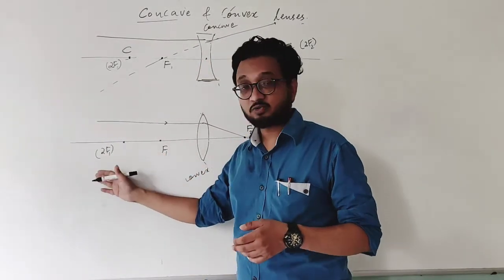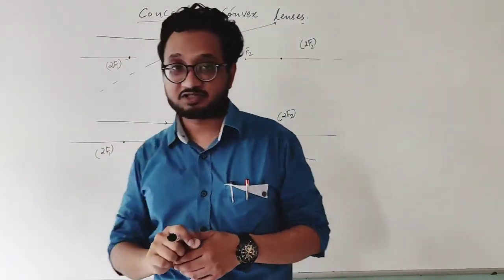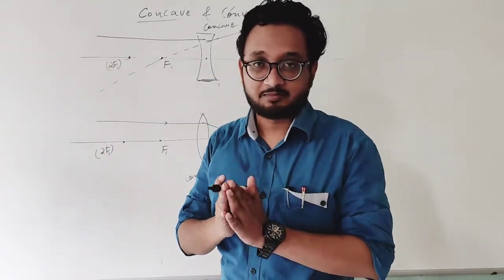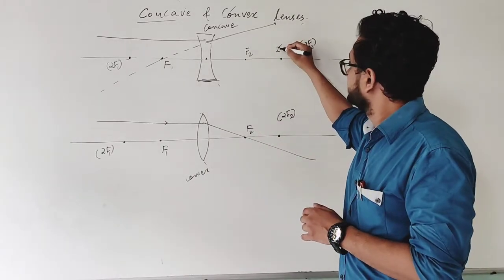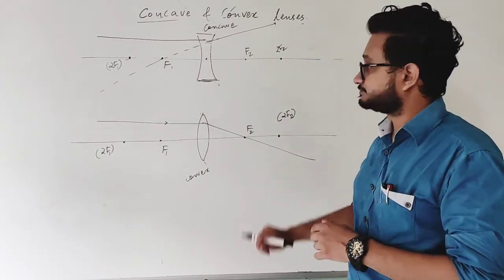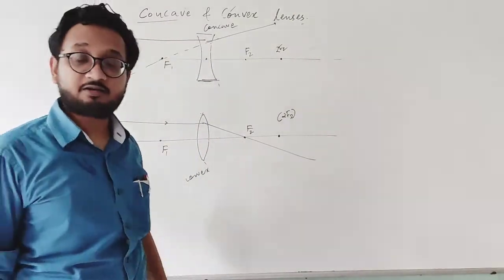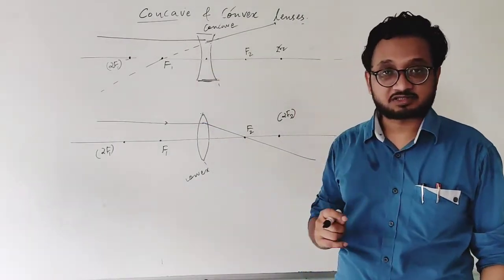Similarly, f1 and 2f1. Same thing over here as well. We will get rid of this center of curvature. It is still the center of curvature, but we call it f2 and 2f2. So the first case is done: when the ray of light is parallel, it passes through the focus, same as the mirrors.